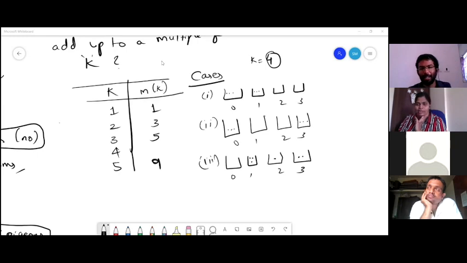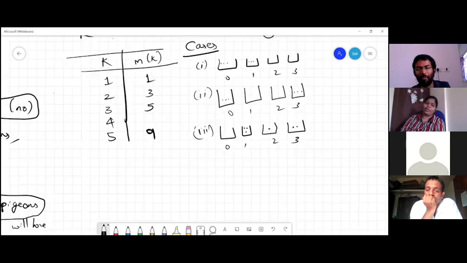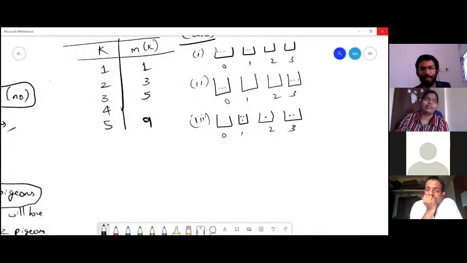So if you know the value of m of k, you can find m of 2k like this. You take a1 to a5 as one set, a6 to a10 as another set, and a11 to a15.